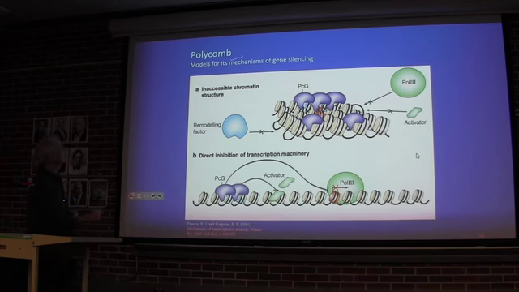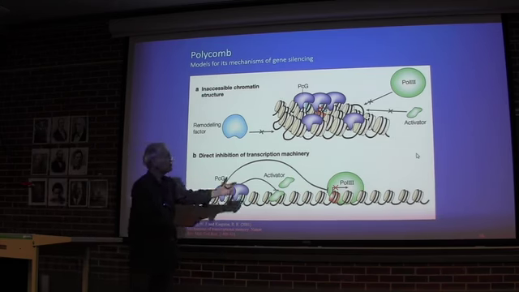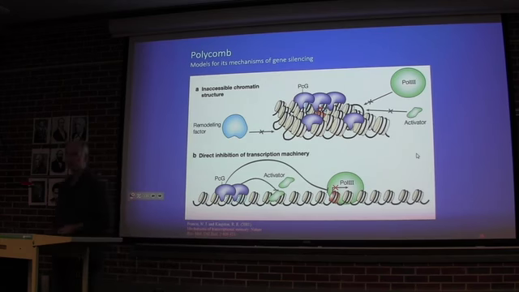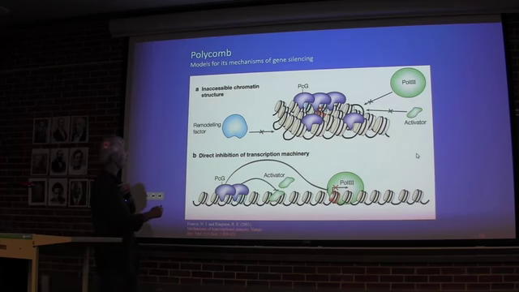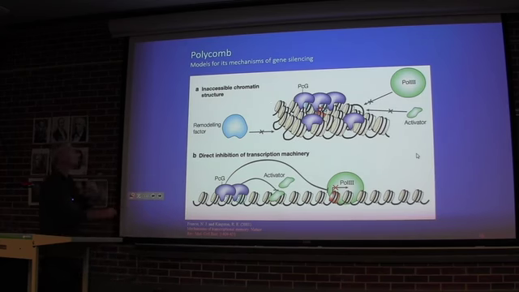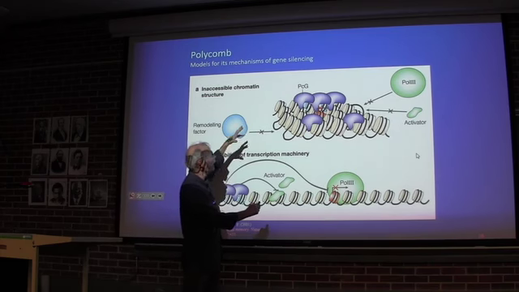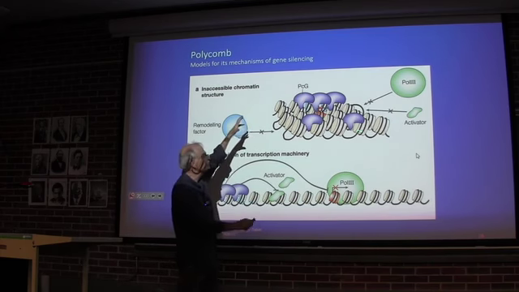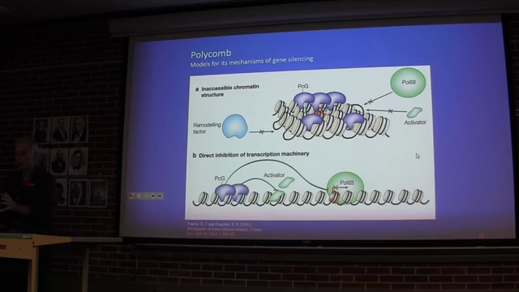How does this polycomb thing work? There are several models, and we don't know completely because, as you know, we didn't really know what euchromatin and heterochromatin looks like until last summer. But one mechanism is that it globs together, it has affinity for itself, and it holds a highly condensed form of the chromosome.